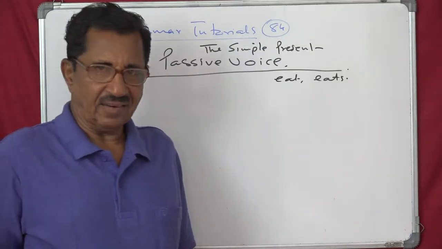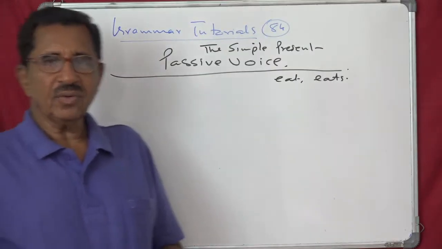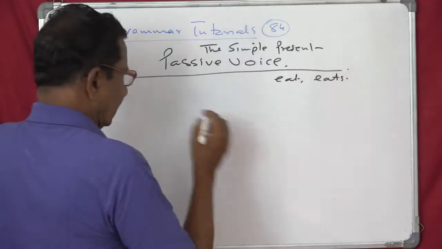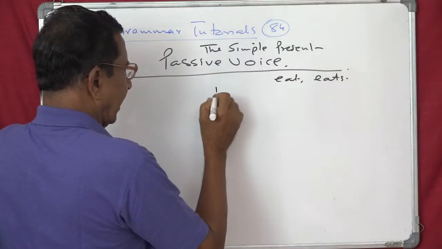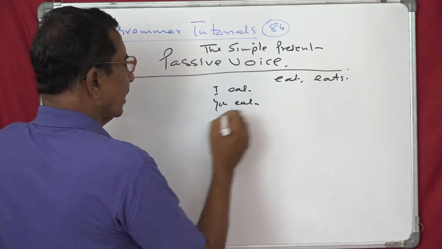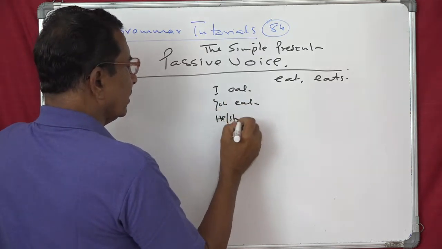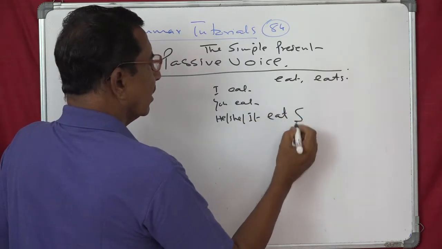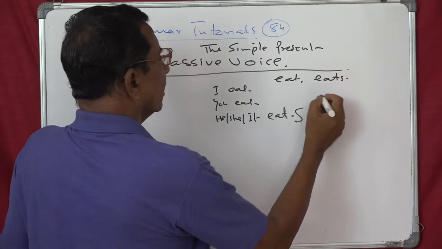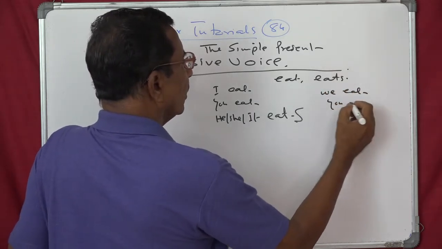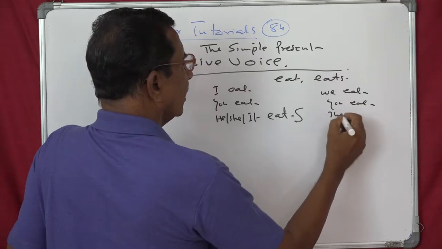Okay, that is clear. Now, next we saw how to make the negative. For example, we'll see this once again. I eat, you eat, he, third person singular, she, it, eats. Then we eat, you eat, and they eat.